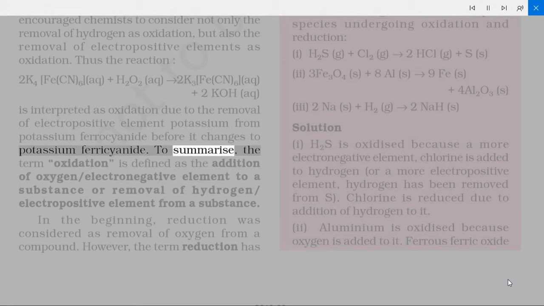To summarize, the term oxidation is defined as the addition of oxygen/electronegative element to a substance or removal of hydrogen/electropositive element from a substance.